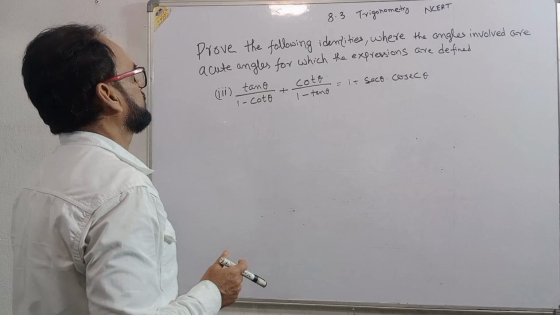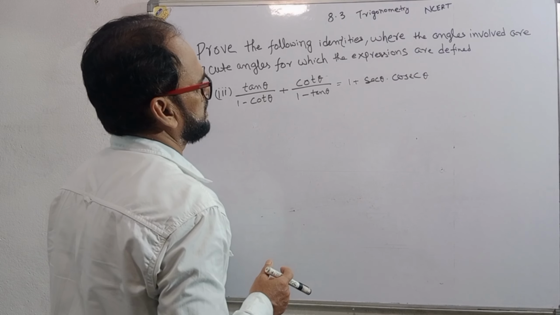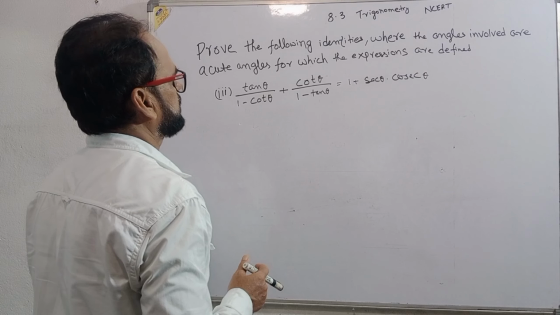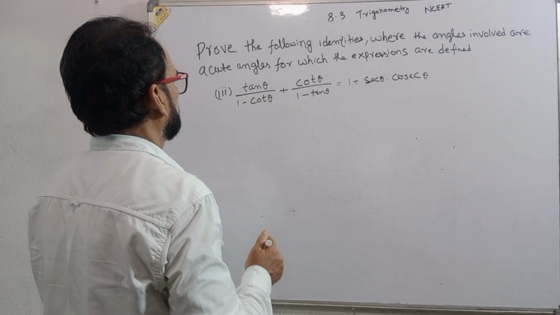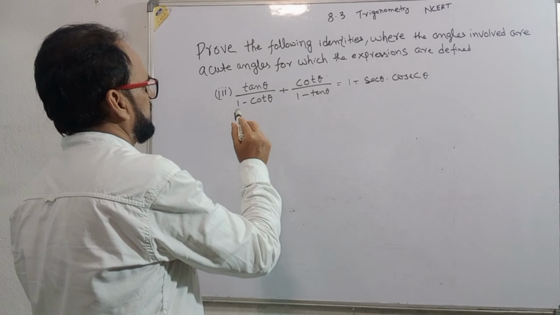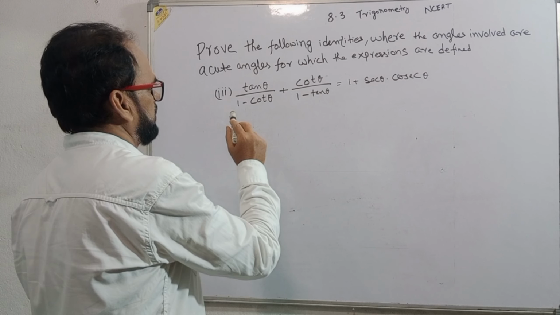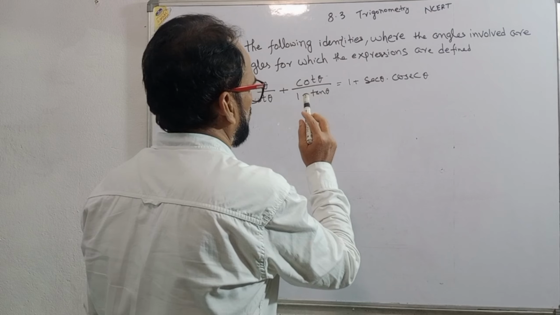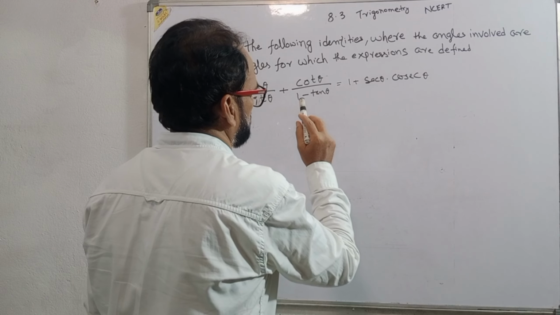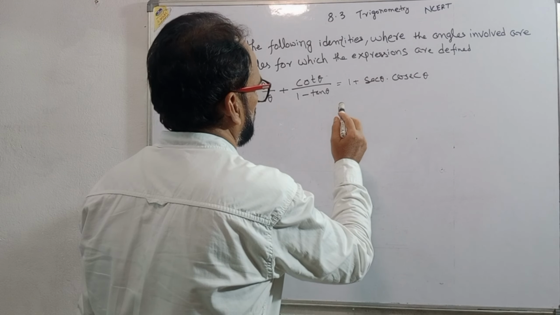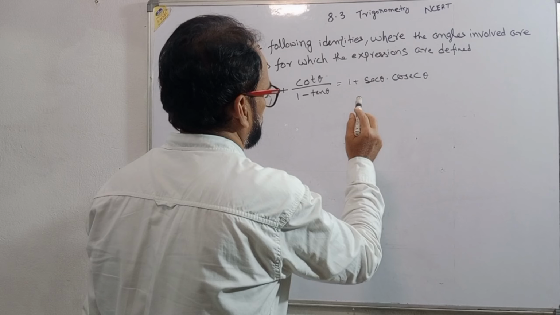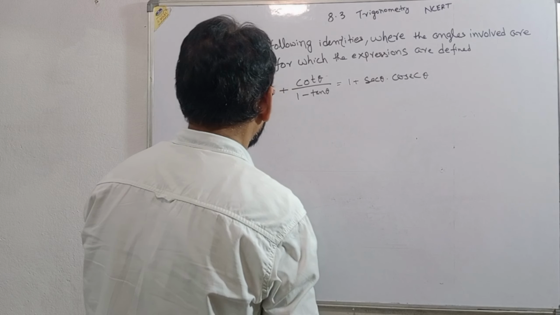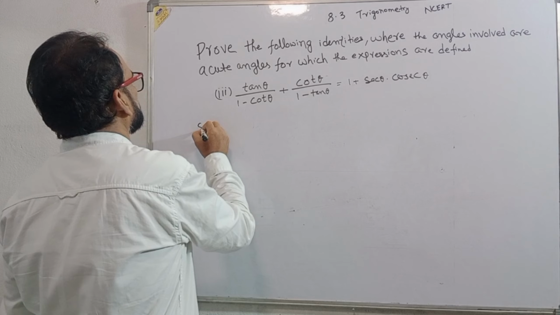Question: Prove the following identities where the angles involved are acute angles for which the expressions are defined. Question 3: tan theta divided by 1 minus cot theta plus cot theta divided by 1 minus tan theta equal to 1 plus sec theta into cosec theta. Now we will change here. Solution.